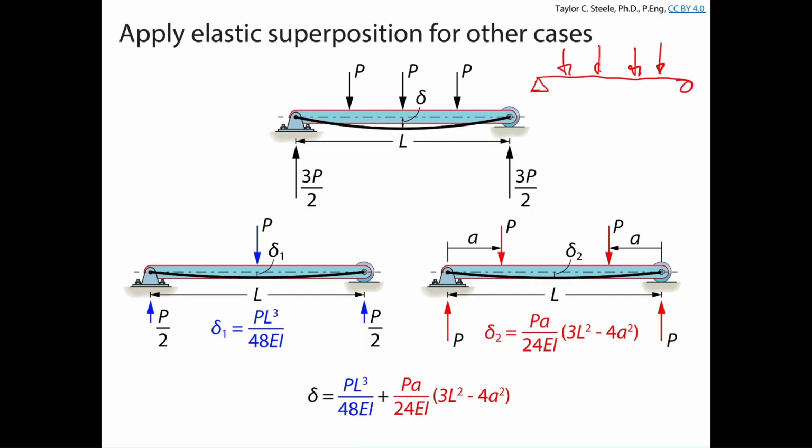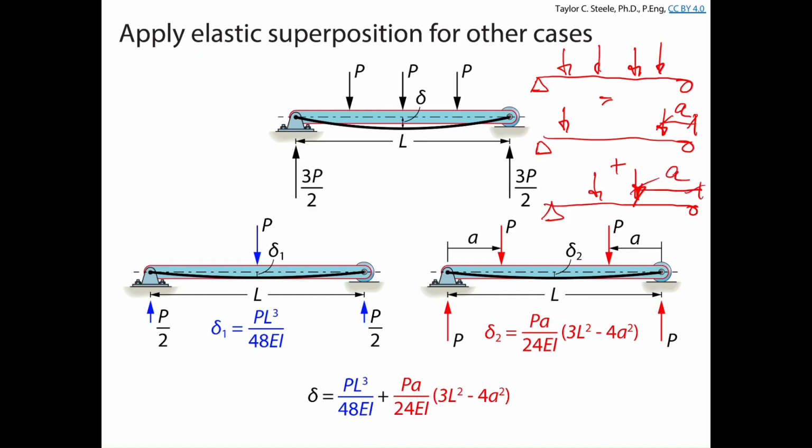And I've got 2 situations where I break it out. I've got 2 beams with 2 sets of loads. And so I might say that's equal to this, where this is A plus this, where this is equal to A. And I would add the deflections that I get from those 2 cases together.